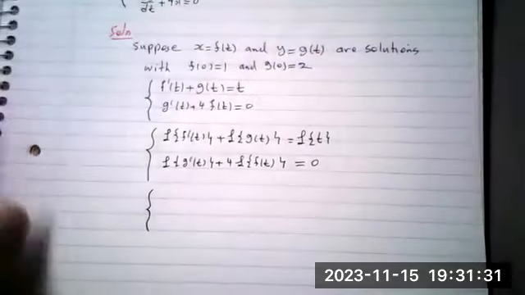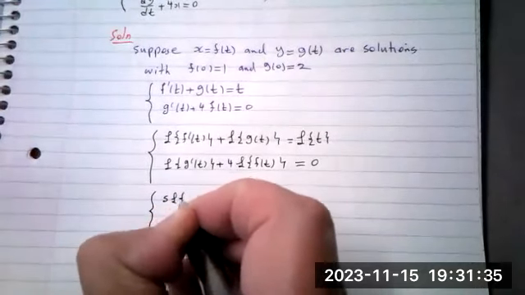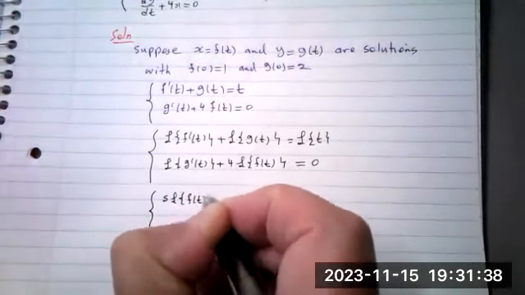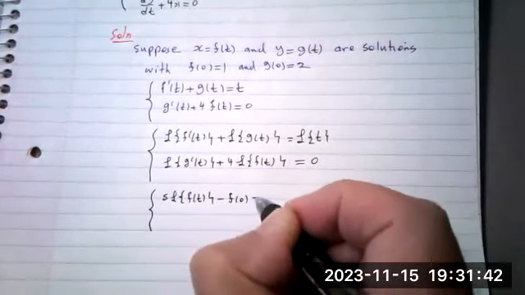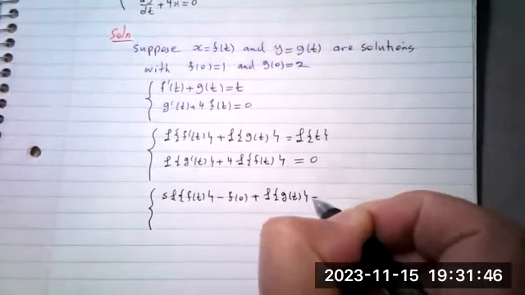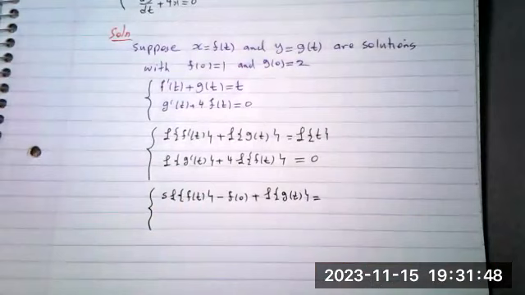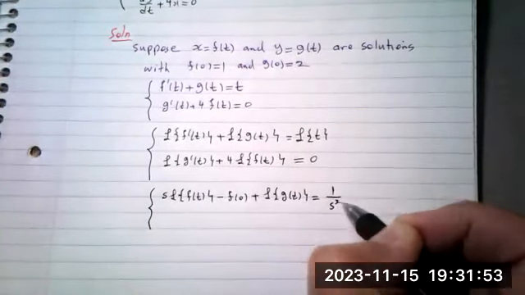For the first part, Laplace of f prime is going to be s Laplace of f of t minus f of 0. The second one as is, Laplace of g of t, equal to Laplace of t, which is 1 over s squared.